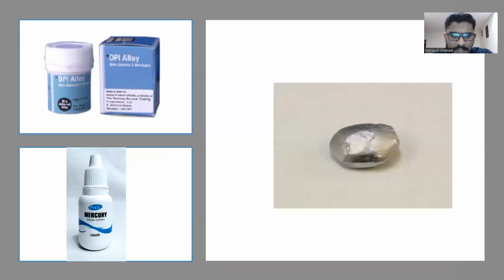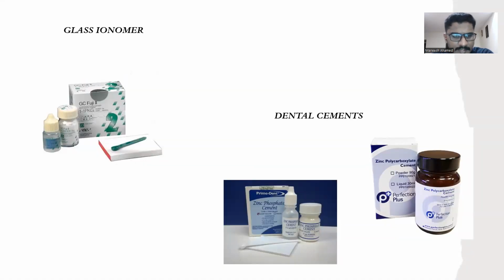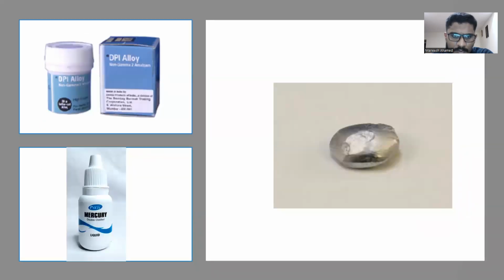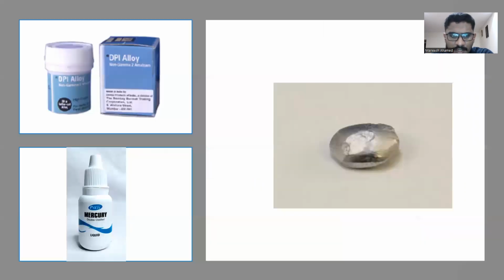The first one, the amalgam, second, the composite, and thirdly, different dental cements. And among these materials, the most important and most popular material is the resin composite. Amalgam is also important as far as the dental curriculum is concerned. Most of the exercises are related to dental amalgam.